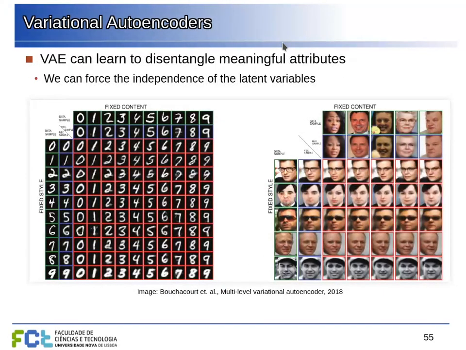This is an example of the kind of results that we have. This is a variational autoencoder, the result of a variational autoencoder trained with the MNIST dataset, which has these handwritten digits. And we have the autoencoder learned two random distributions depending on the input. And by setting the values of the mean and standard deviation of these two, we have two independent aspects of the number that is output.